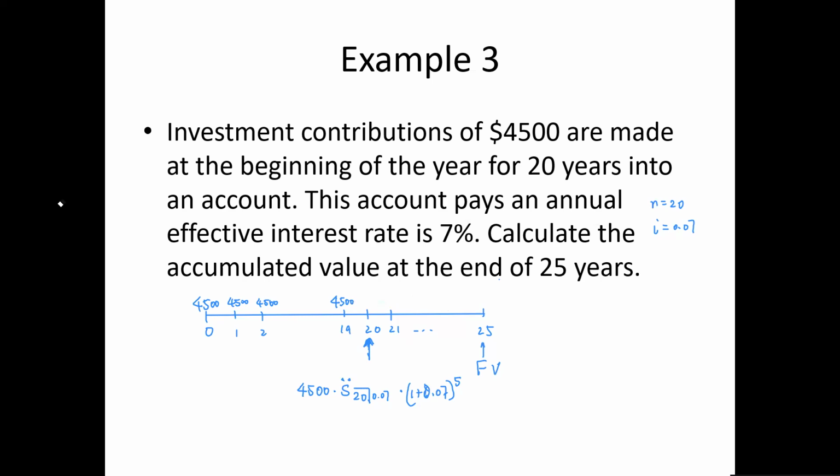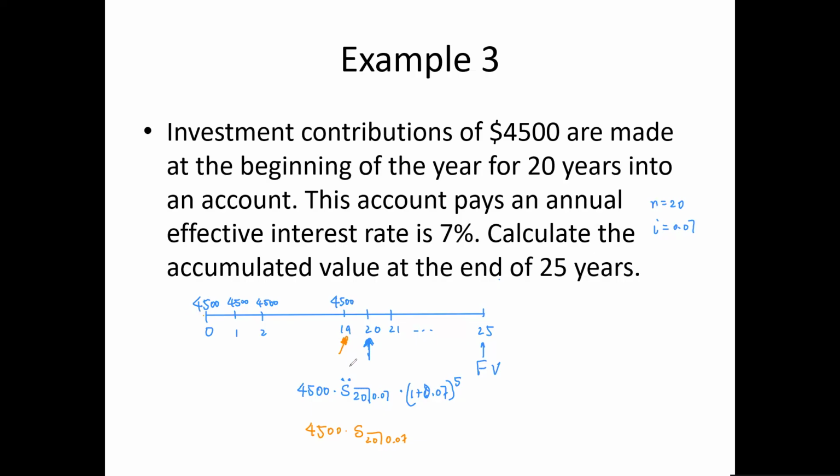Or you can consider you're sitting at the end of year 19. Then you actually have 4500 times S without two dots, because now you are treating all these contributions as being at the end of each year. But you still have 20 payments. That's no problem. The number of payments doesn't change. It's just like you're treating them as the end of each year.